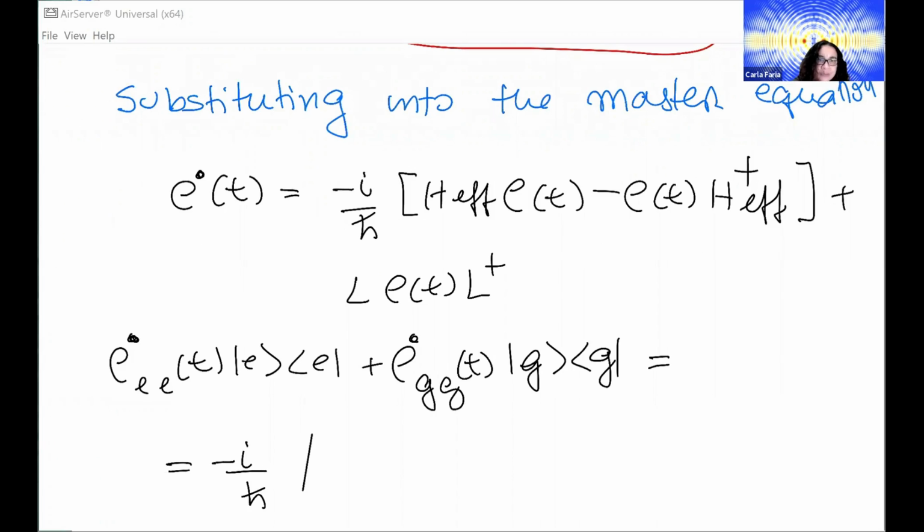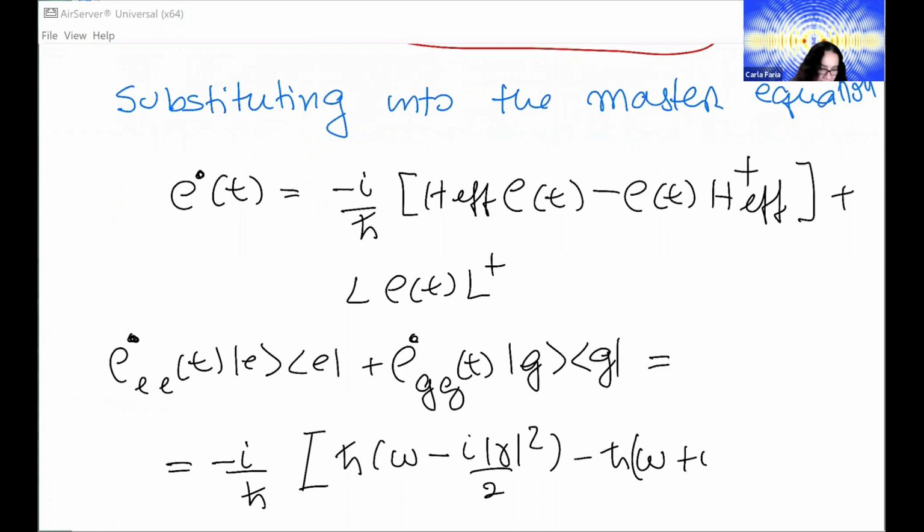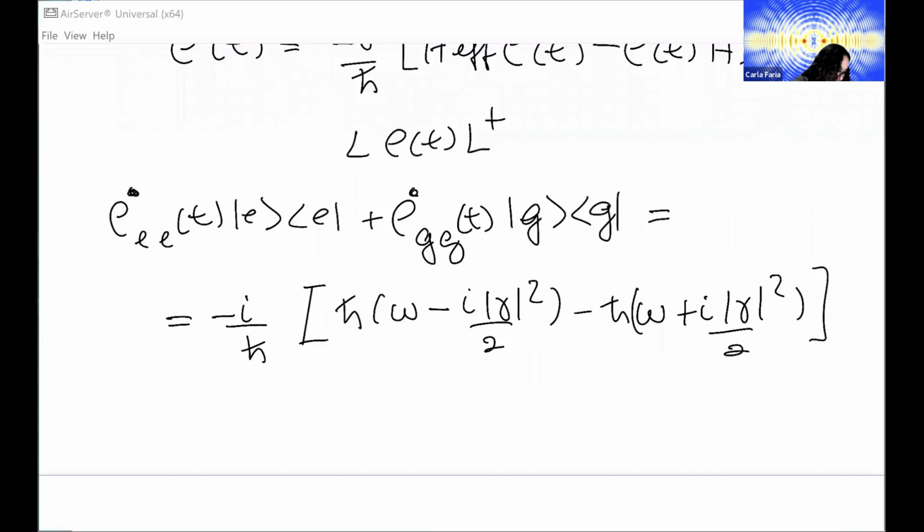We can plug all these expressions which we obtained. H bar omega minus I gamma squared divided by 2, minus H bar omega plus I modulus gamma squared divided by 2. And this is all multiplying rho EET and this projector onto the excited state.